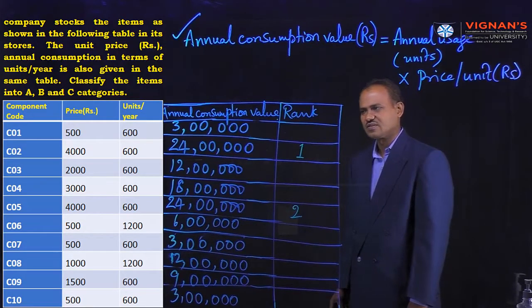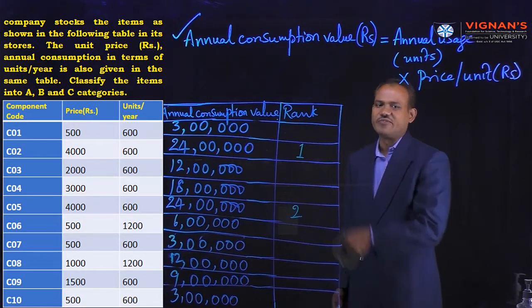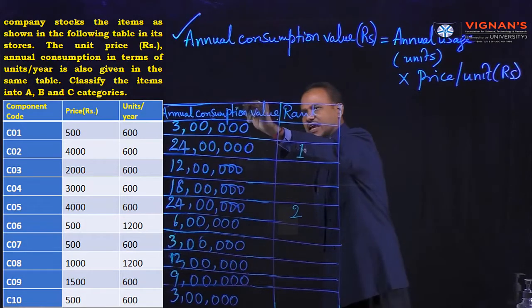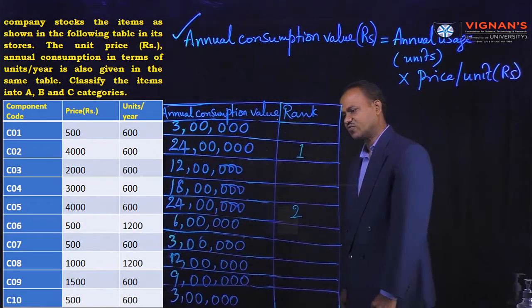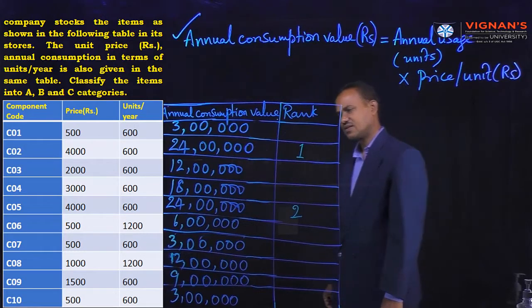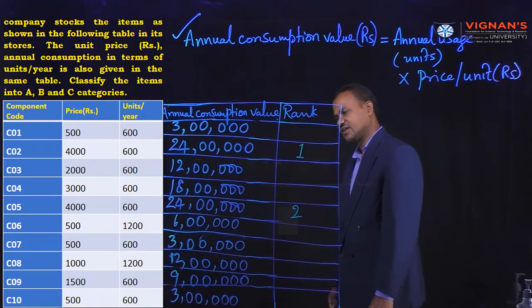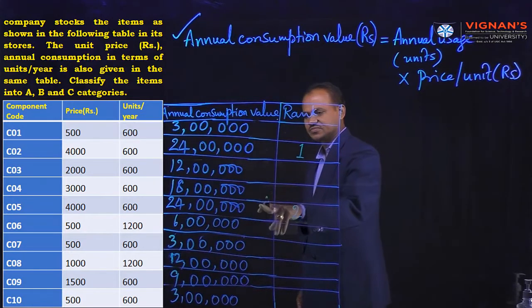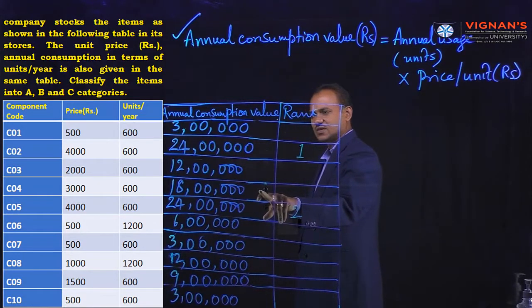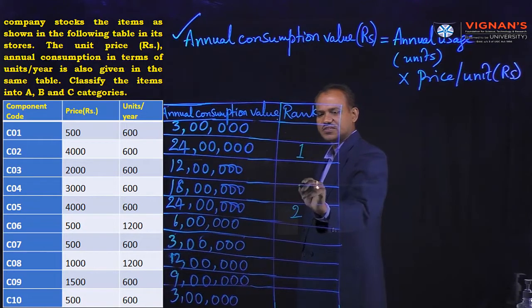Next, what is the next minimum value, that means annual consumption value? What is the next minimum after 24 lakh? Next minimum is 18 lakh. So this rank is the third rank.